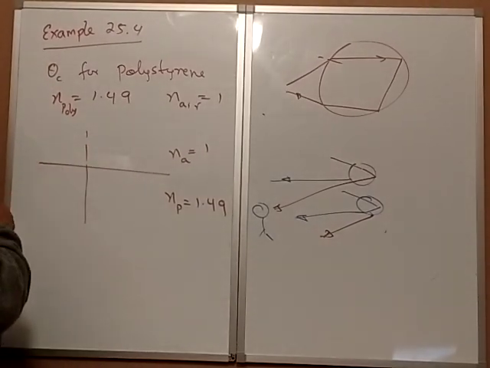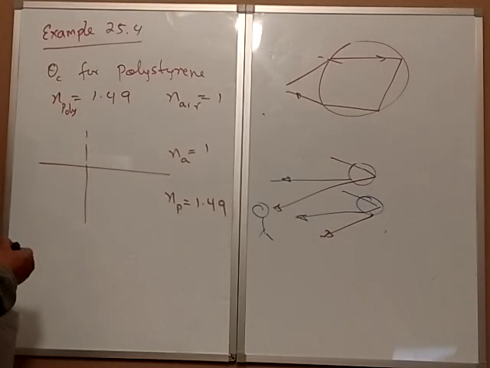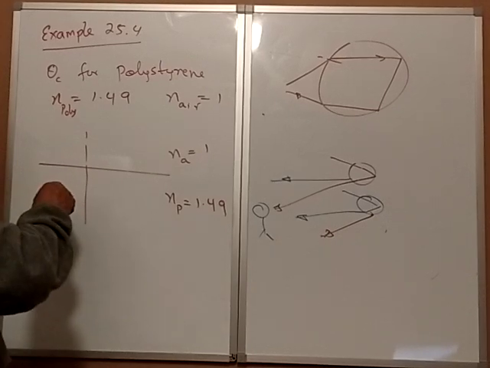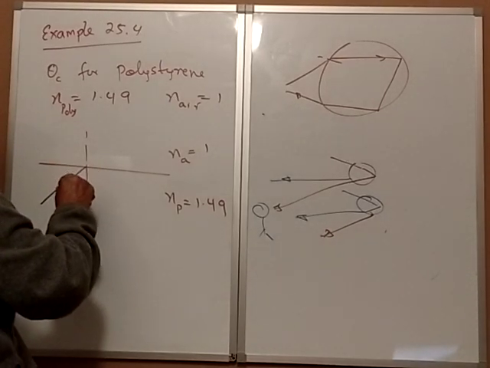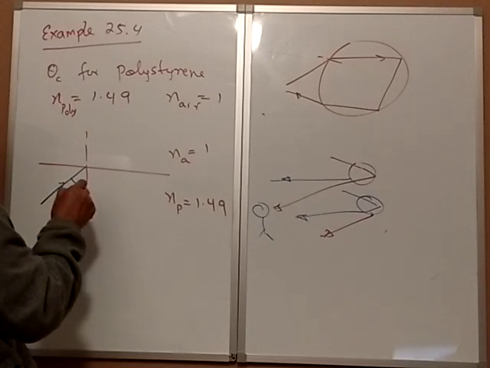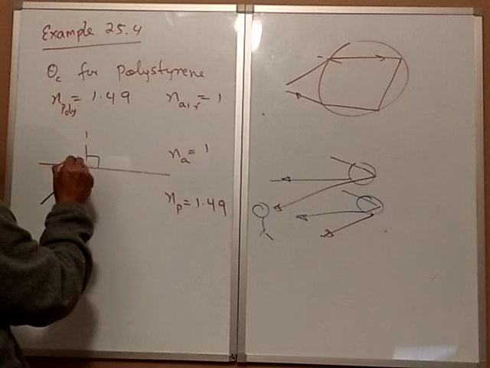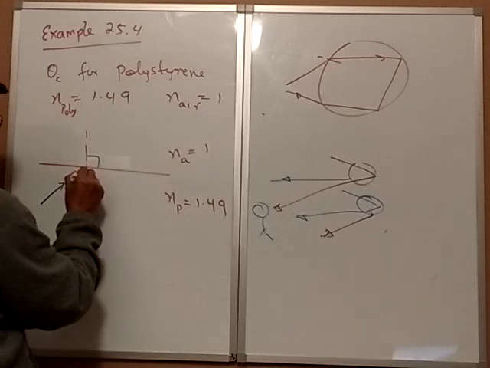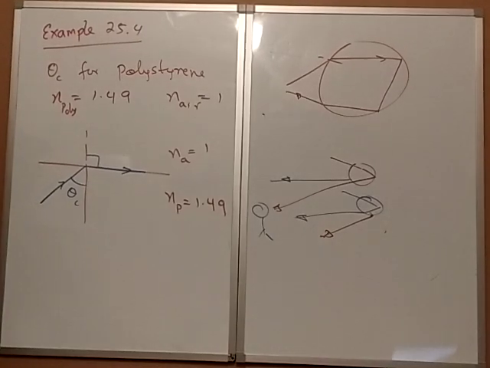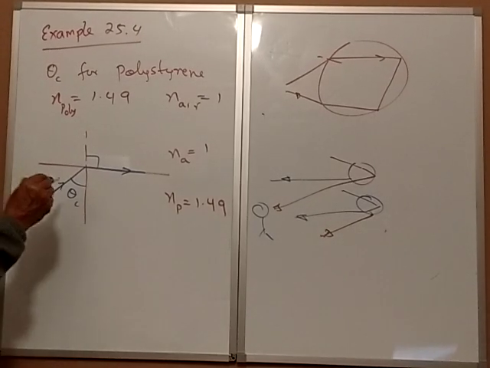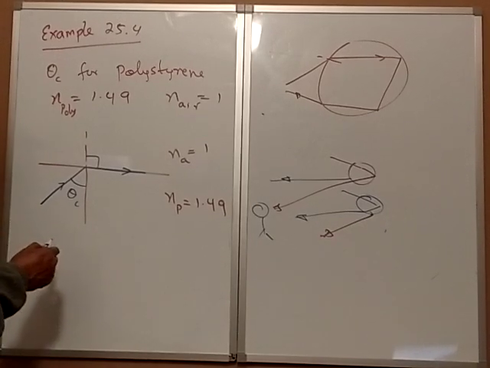What does that mean? Critical angle means that the incident ray is coming in at such an angle, this is your critical angle, that the refracted angle will be 90 degrees and the refracted ray would go along the surface. So we want to find out what this is. And we have only one law, that's Snell's law.